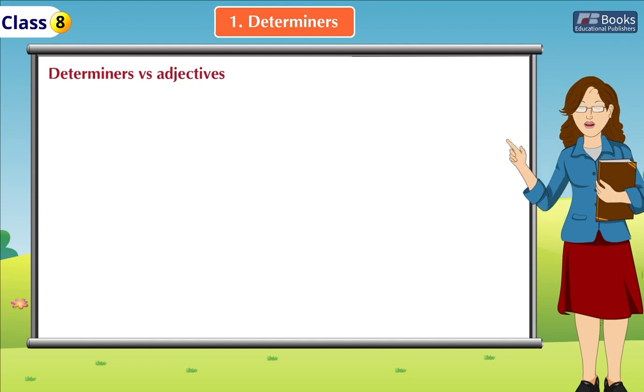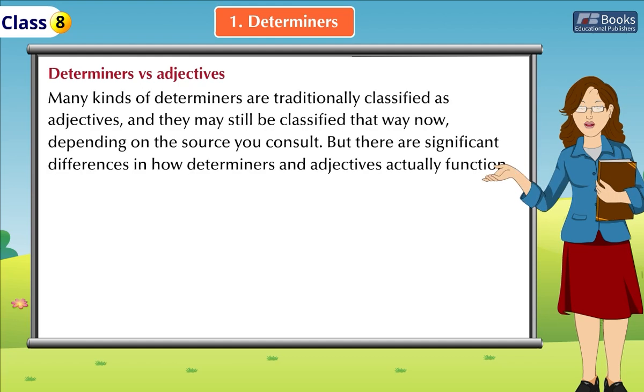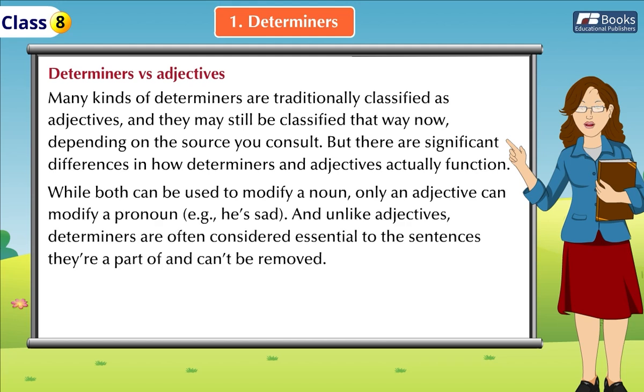Determiners versus adjectives. Many kinds of determiners are traditionally classified as adjectives, and they may still be classified that way now, depending on the source you consult. But there are significant differences in how determiners and adjectives actually function. While both can be used to modify a noun, only an adjective can modify a pronoun.